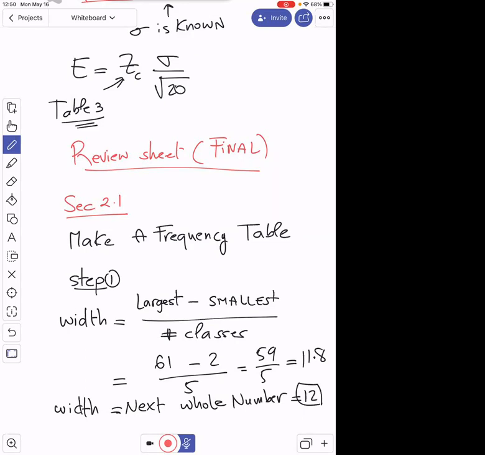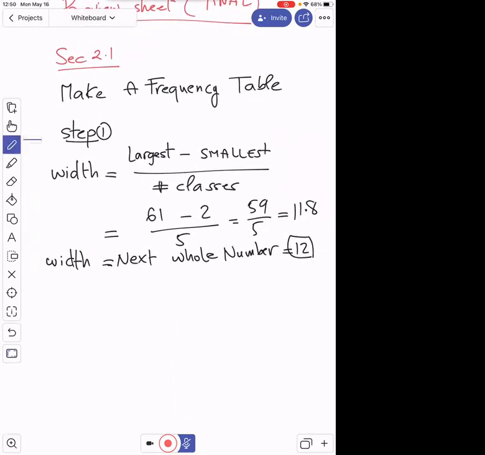And then for the classes, guys, I won't solve the whole problem here. I'm just going to remind you of the main steps. The problem says to make this frequency table with 5 classes showing class boundaries. First you need to find the class limits.